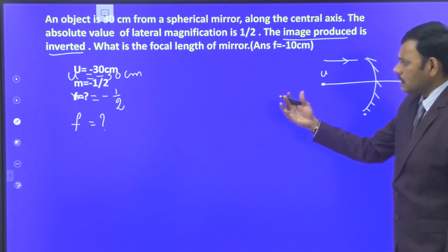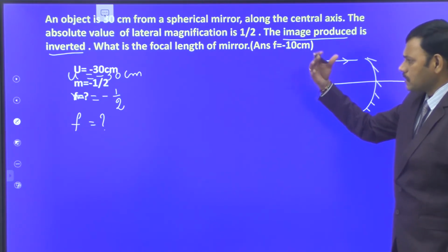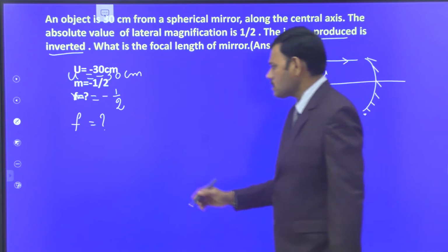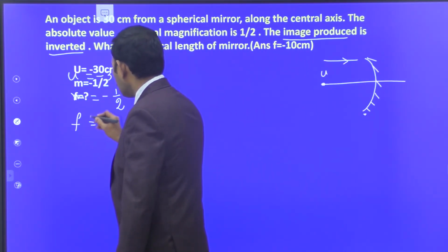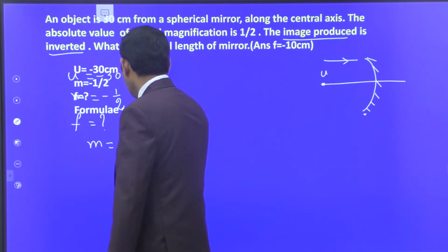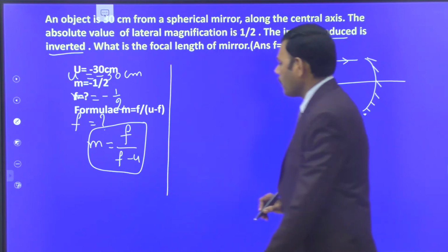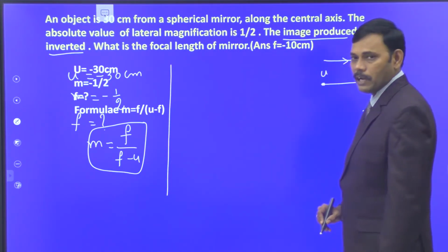The direct expression that relates magnification, object distance and focal length, we can write that direct equation. The formula is magnification m is equal to f divided by f minus u. F by f minus u is the appropriate formula to find any unknown value among those 3 parameters.